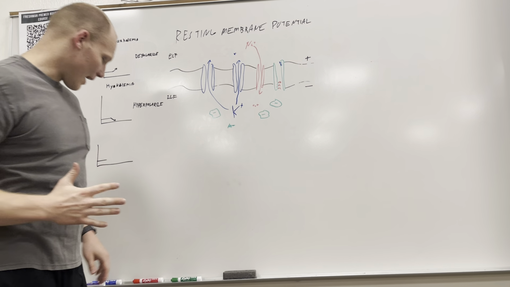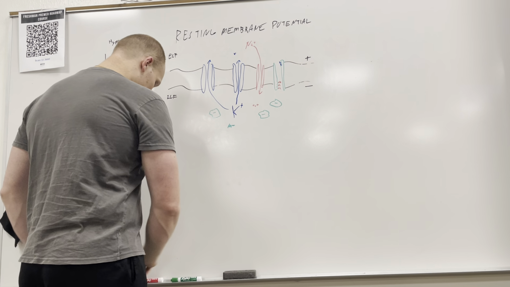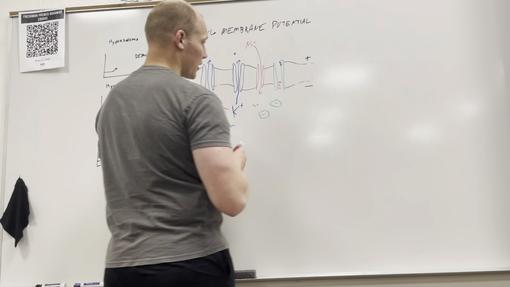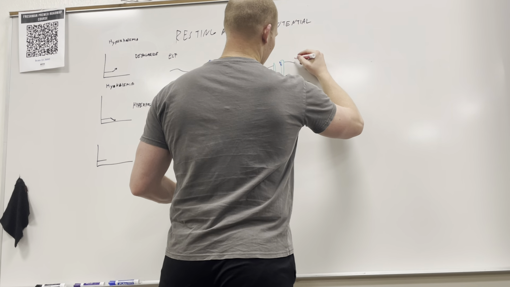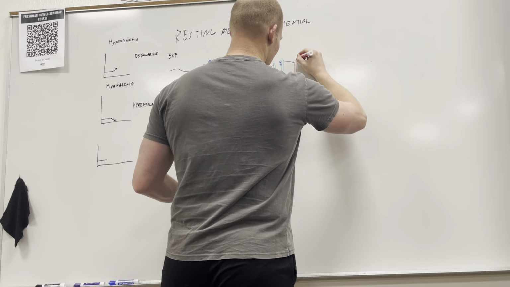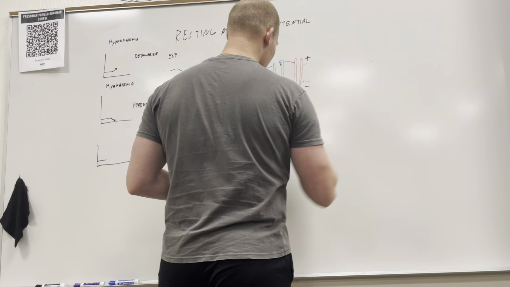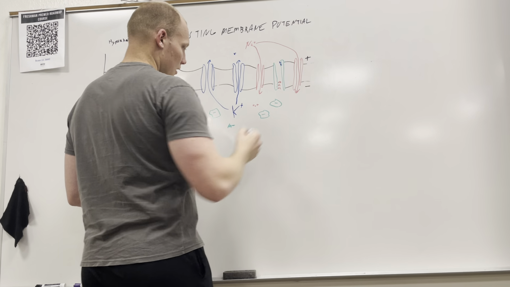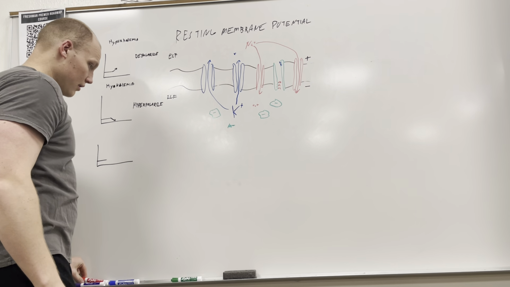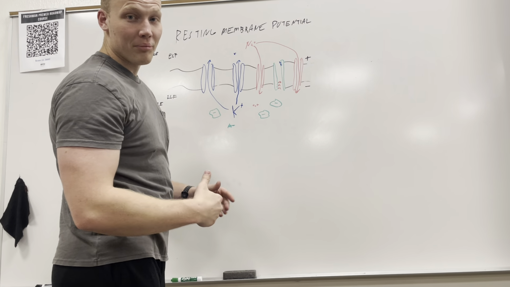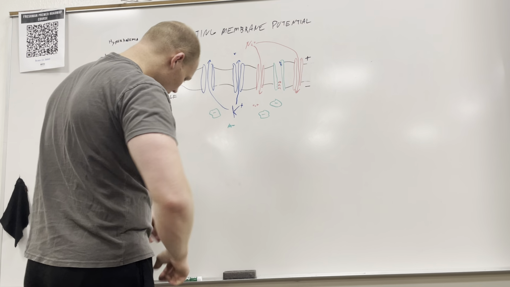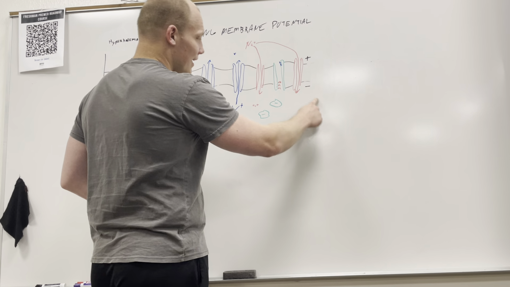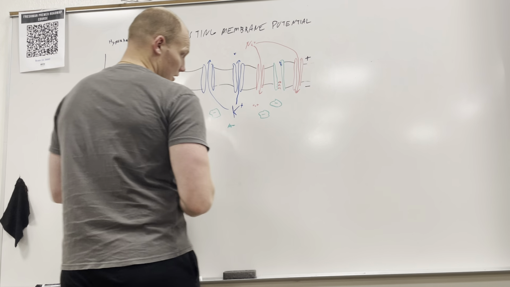Now let's look at what would happen if we would take and add another sodium channel here. So over here, we're going to go ahead and we're going to make this more permeable to sodium. Sodium will come through, and it will now be able to flow better down its concentration gradient. And because of that, we're introducing more positive charges into the ICF.